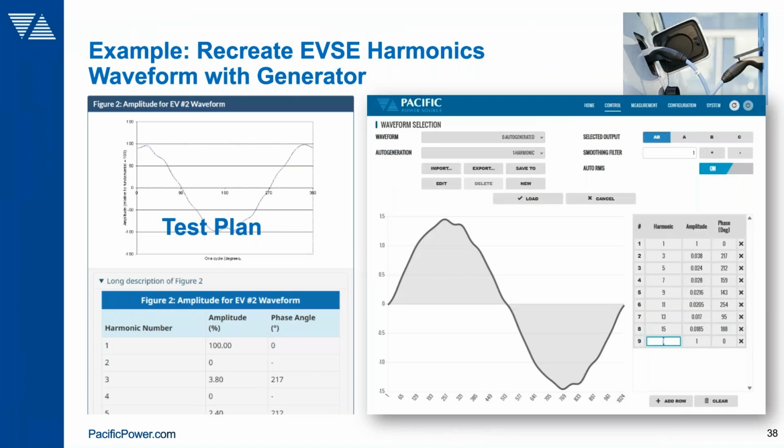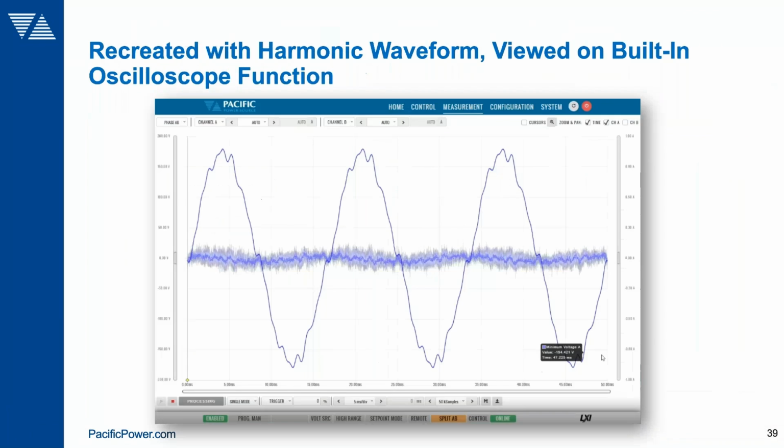They knew and understood what they wanted to do. They wanted to create this voltage waveform. They had the harmonic components and the percentage amplitudes and phase angles as well. So we were just able to simply enter those values into the harmonic table, and we were able to accurately recreate that with our source.